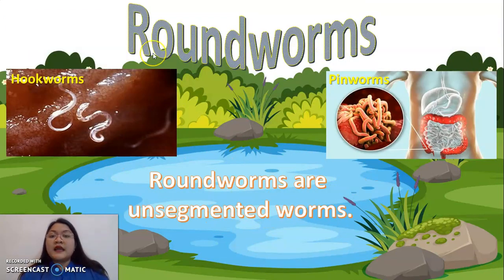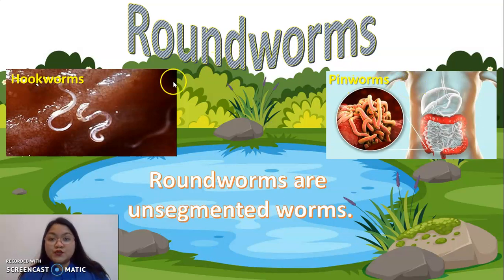Next, we have roundworms. Okay, again, can you say roundworms? Very good. So roundworms are unsegmented worms. So when we say unsegmented, they are just worms with soft light body. So roundworms, example is hookworms and pinworms.